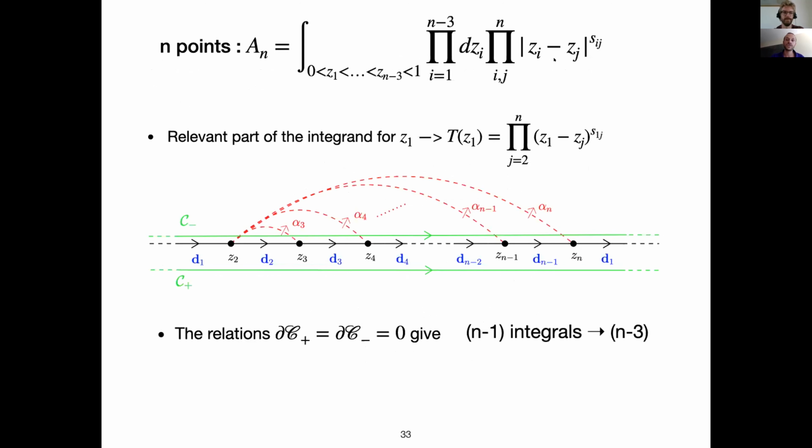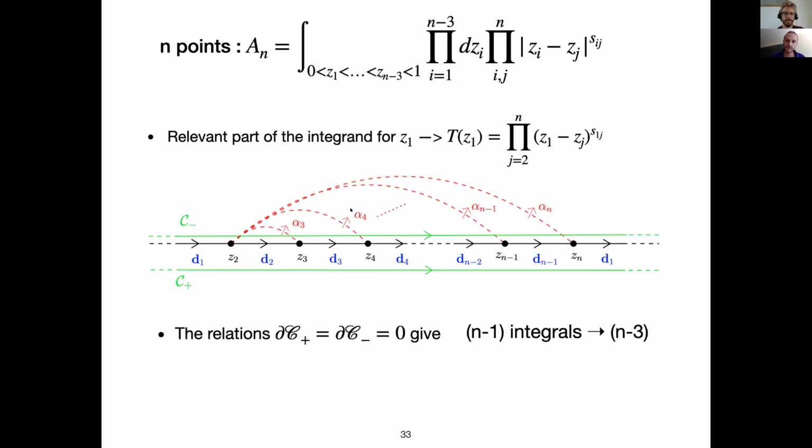Now you look at the generalization of our integrand before. Again, you do the same business as looking at what happens for the particle z1. So this is the relevant part of the integrand. Again, because this was agnostic about the ordering of these particles. Now this isn't, so this will pick up phases when you want to relate integrals of t to the actual integral.